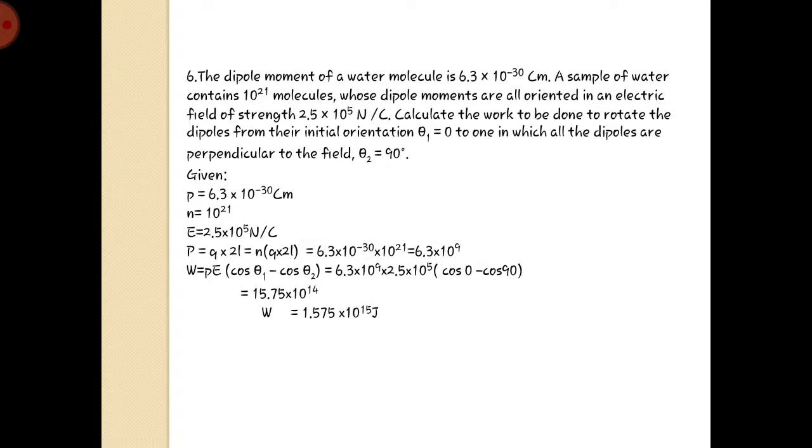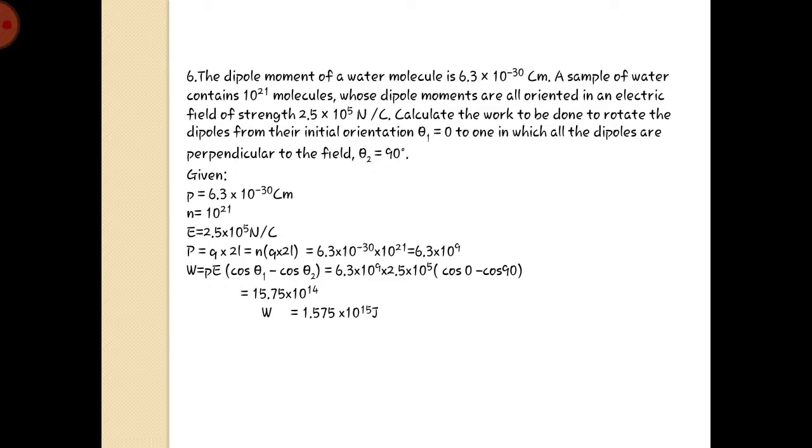So here is another one. So let's see what it is. The dipole moment of water molecule is 6.3 into 10 to the power minus 30 coulomb meter. A sample of water contains 10 to the power 21 molecules whose dipole moments are all oriented in an electric field of strength 2.5 into 10 to the power 5 Newton per coulomb.